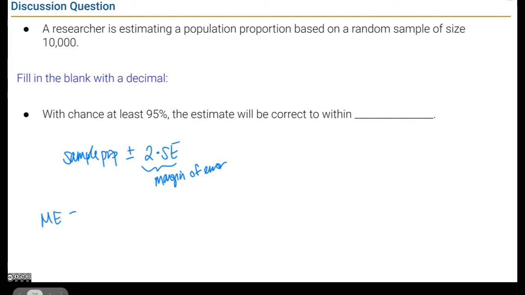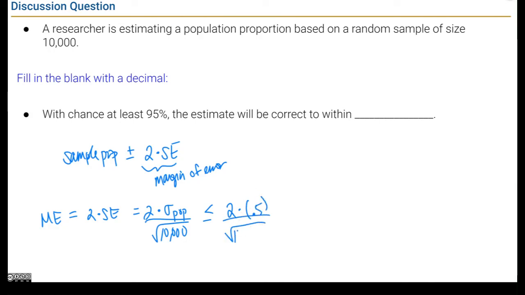The margin of error, again in the worst case scenario, is 2 times 0.5 over square root of 10,000. So let's use that worst case scenario because we want a chance of at least 95%.